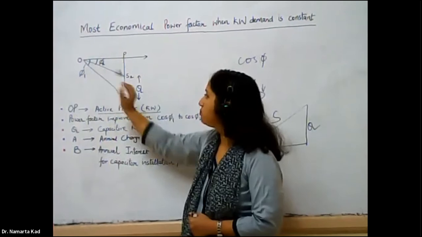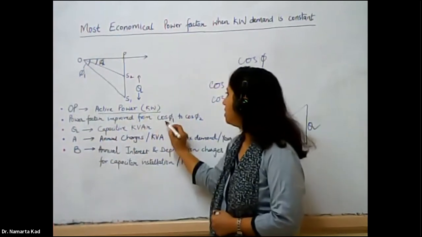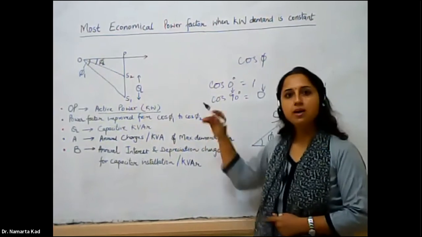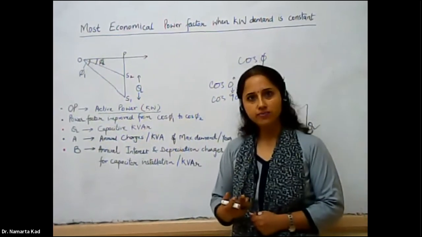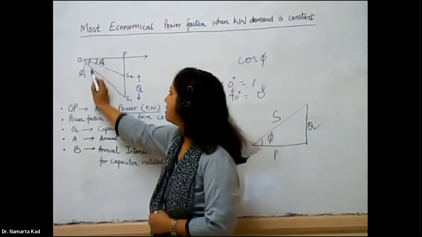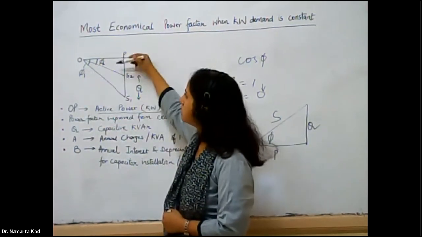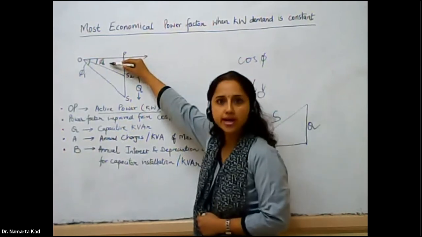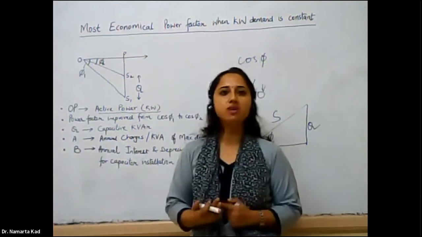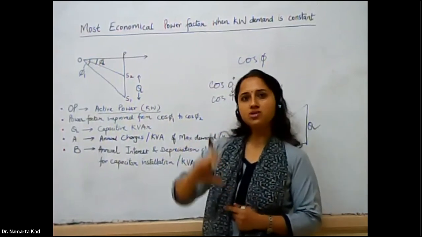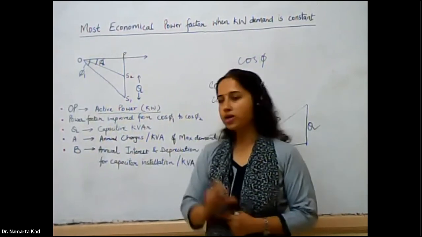We have to improve the power factor from cos of phi 1 to cos of phi 2, that is, by decreasing the angle. Initially my angle is phi 1 and I am going to decrease it to phi 2 for improving the power factor. And how am I going to improve it? By installing capacitors.